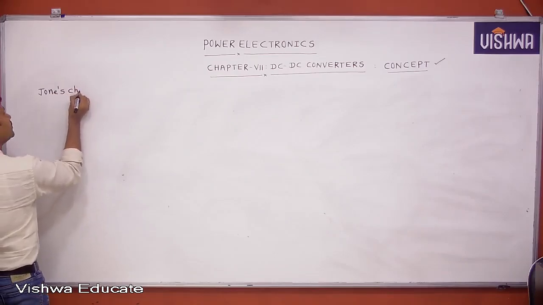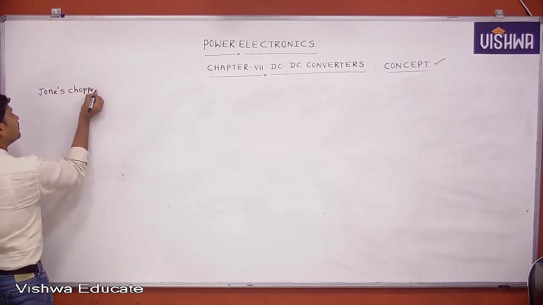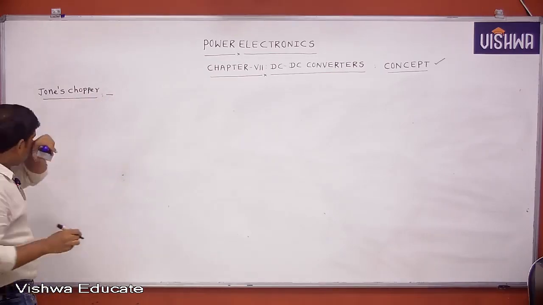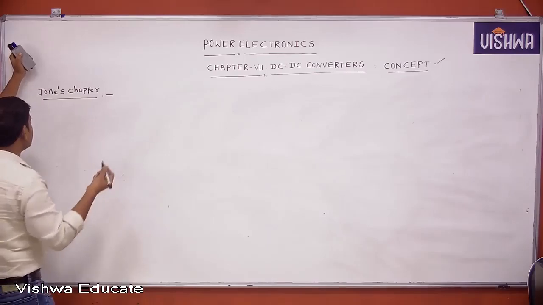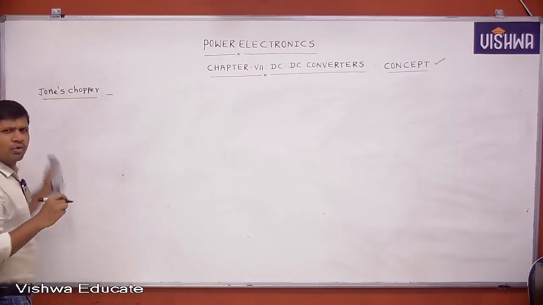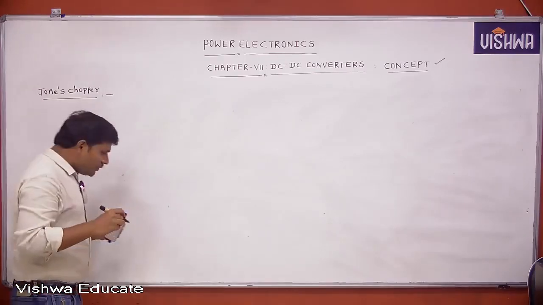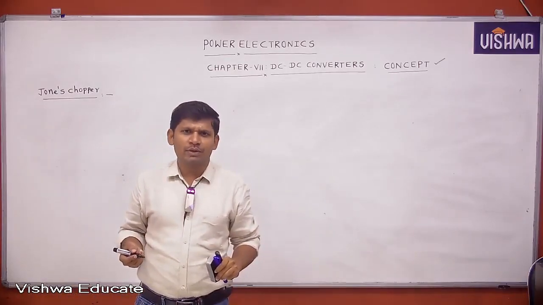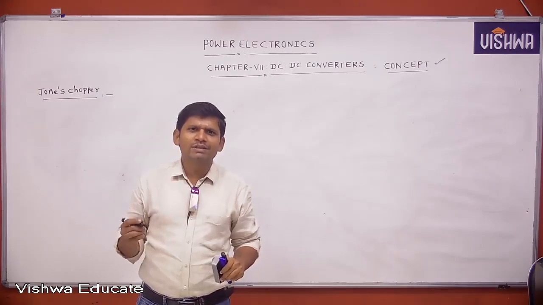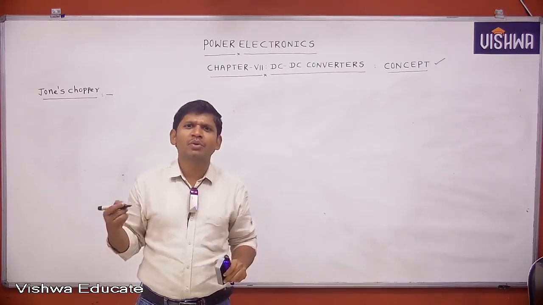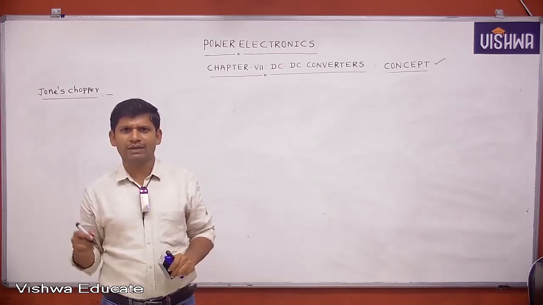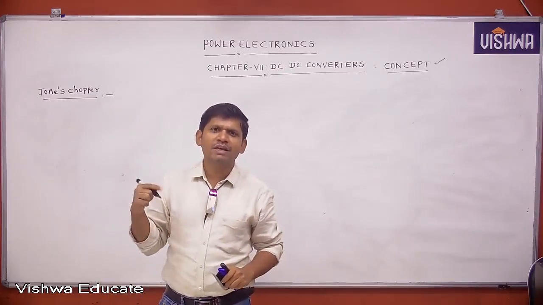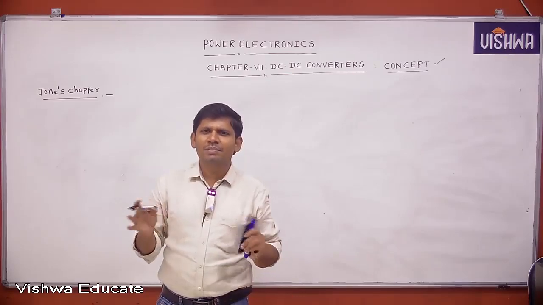Jones chopper circuit. The Jones chopper is similar to the voltage commutated chopper. The only difference is that in the voltage commutated chopper we use an inductor, but in the Jones chopper we use a center tap transformer for effective turn off of the thyristor. The remaining concept is the same.